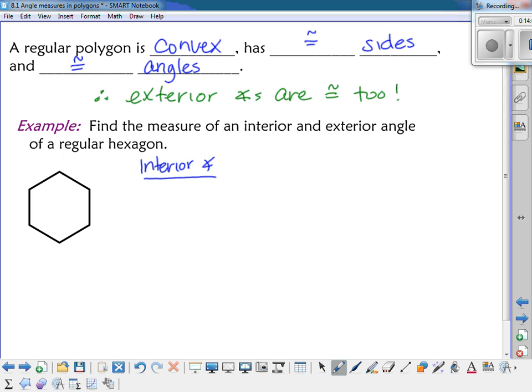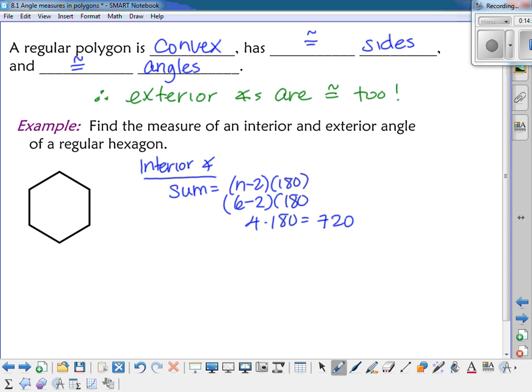I know that all of them together, the sum is 180 times n minus 2. So if it's a hexagon, 6 minus 2 times 180, which is just 4 times 180, or 720. So all of them all together are 720 degrees.